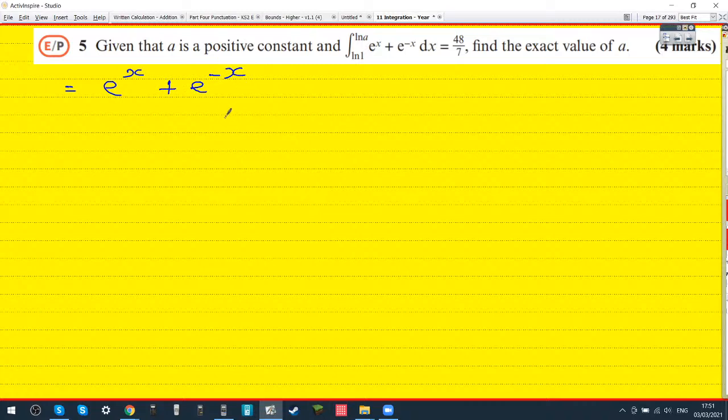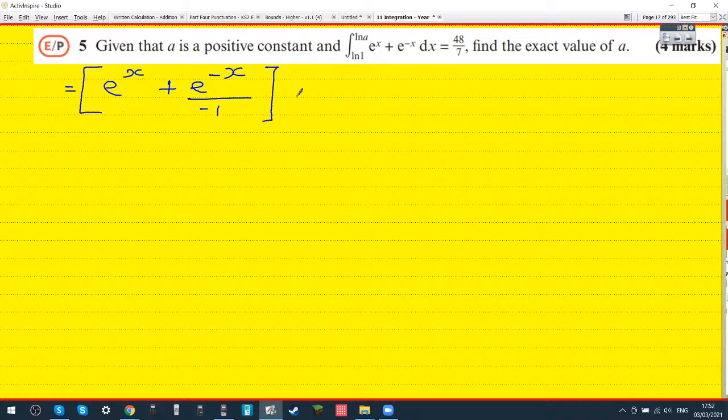If you differentiate minus x, minus 1. So the chain rule would be the derivative of that would be e to the minus x times minus 1. And so the integral is e to the minus x divided by minus 1. Okay.